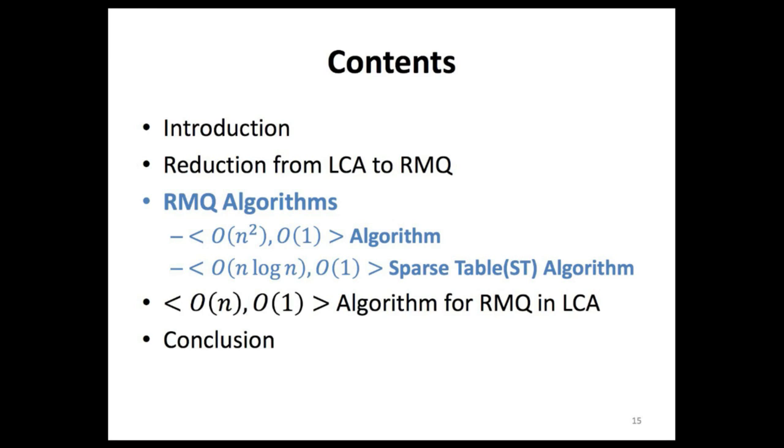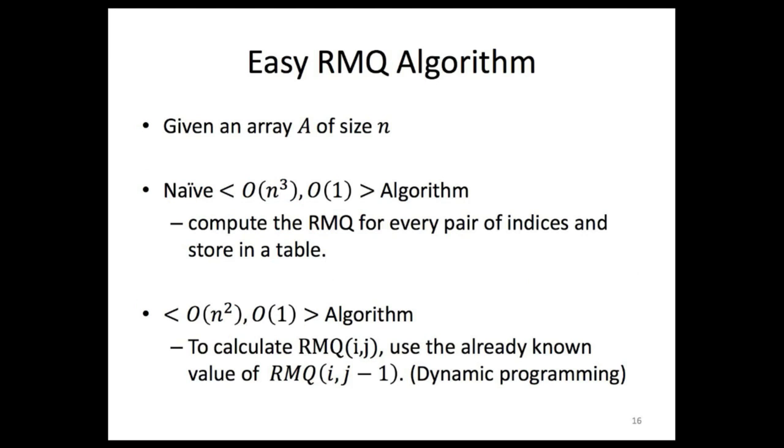The first one is pretty simple. You get your array and you do RMQ on every single pair. Brute force. Just get it done. Make a table out of it, and whenever you want the answer, you basically go to the table, say I want i and j, array lookup, and you have the answer.